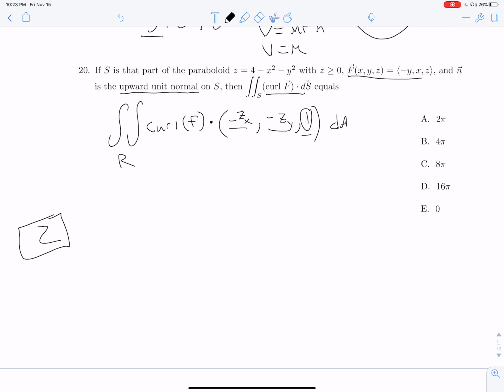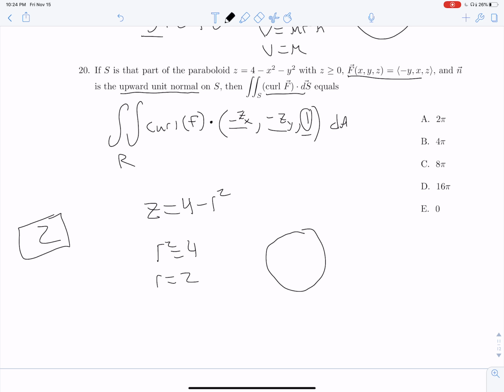Well, we're looking at the paraboloid z equals 4 minus r squared, and for z greater than or equal to 0. So what we can do is just use z equals 0 to find that xy plane projection, which is r squared equals 4, r equals 2.